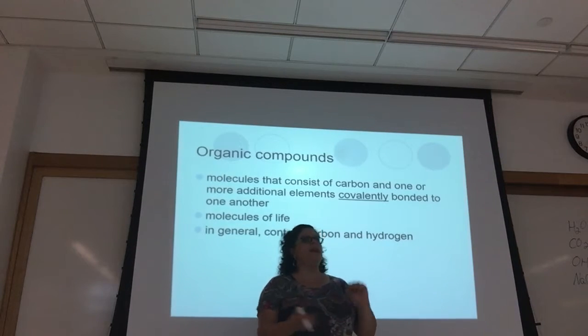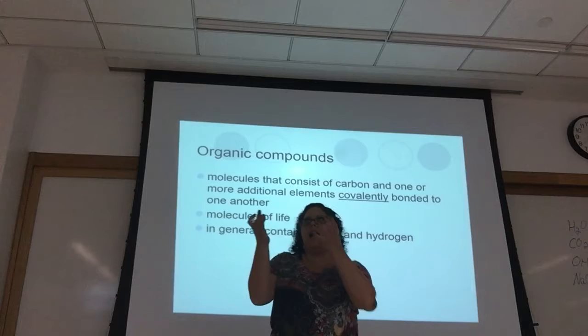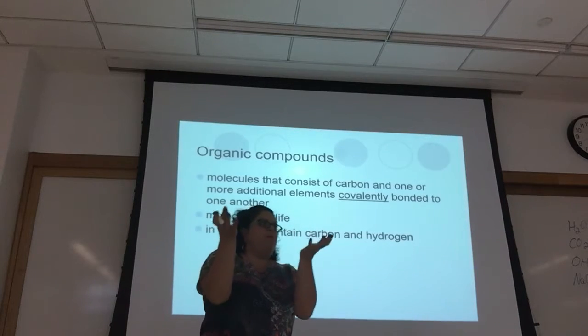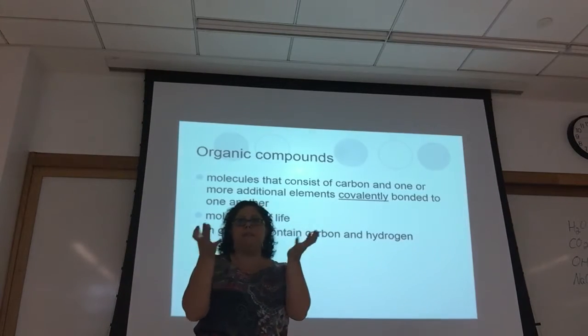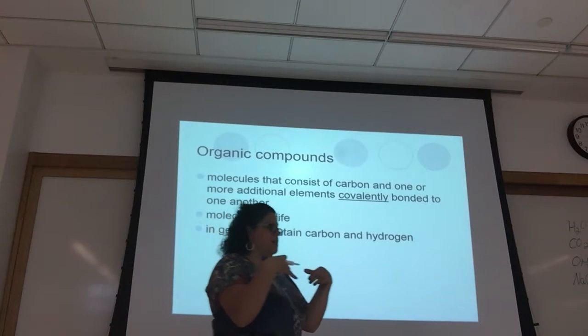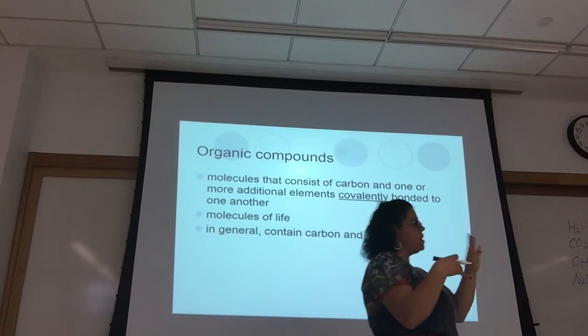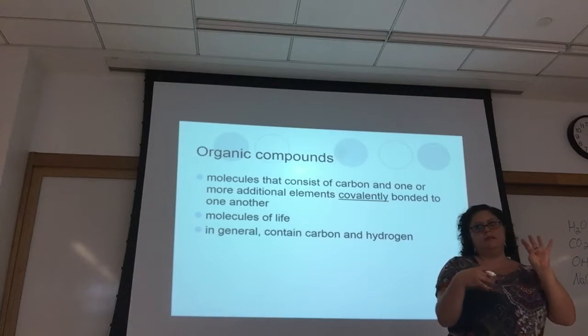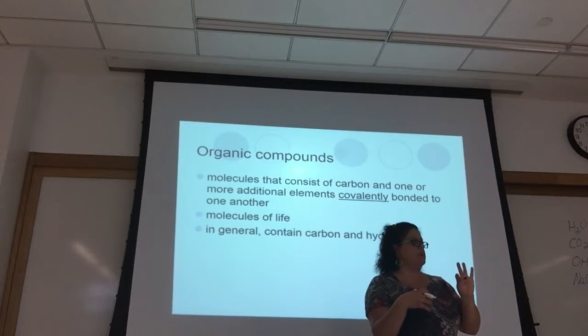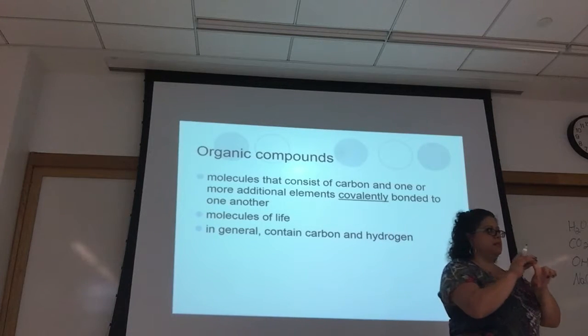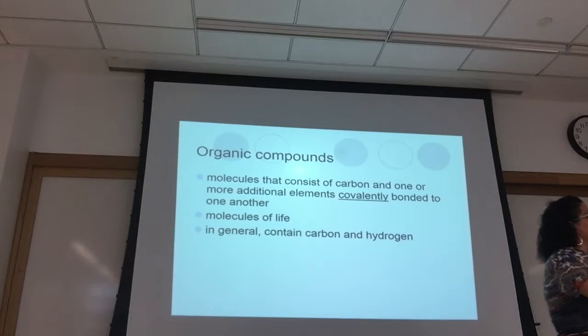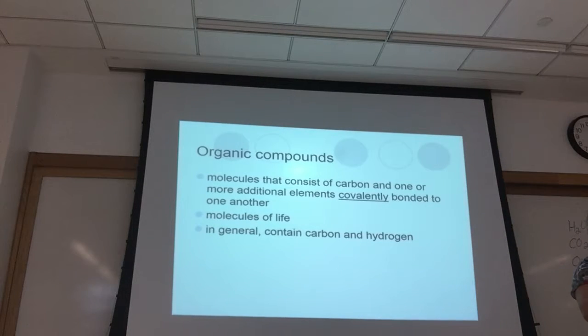We're looking at what we can take carbon and hydrogen and put together in all different ways to make within our body. There's 4 major groups of these organic molecules: carbohydrates, lipids, proteins, and nucleic acids.